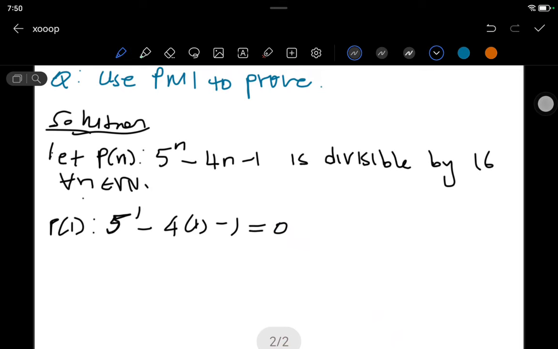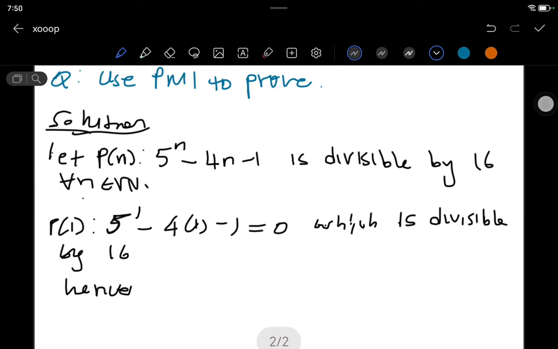Since we get 0, which is divisible by 16, 0 is indeed divisible by 16. Hence, P of 1 is true.